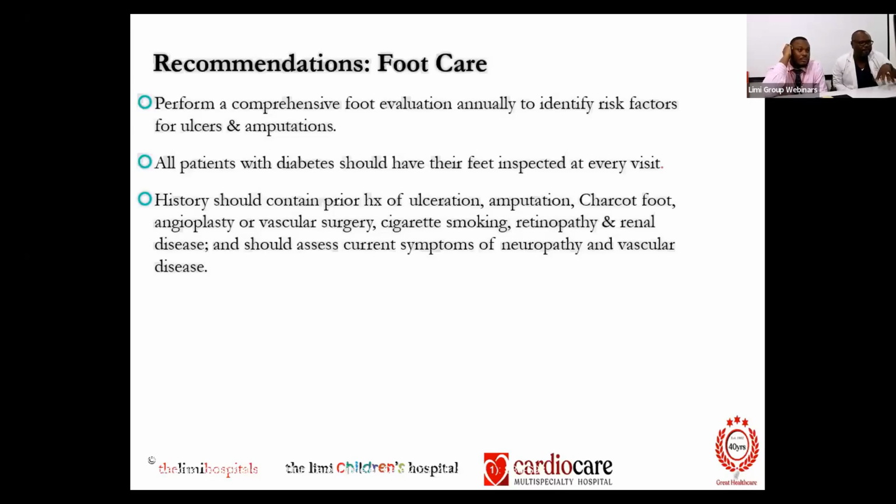So please advise them when they have an injury on the foot, do not use any local concoction. Some even use hydraulic oil, some use engine oil. Please, all those things are out of place. It worsens the condition. They shouldn't do all these things. And they should make sure they report to you immediately.